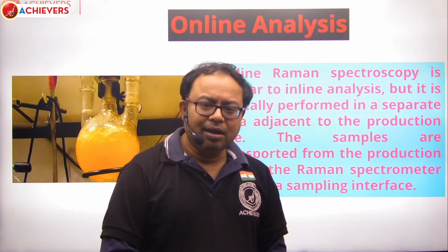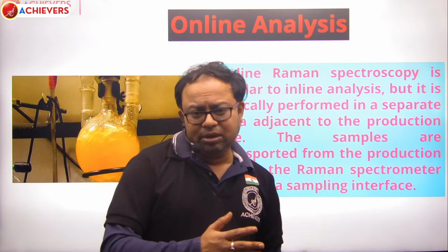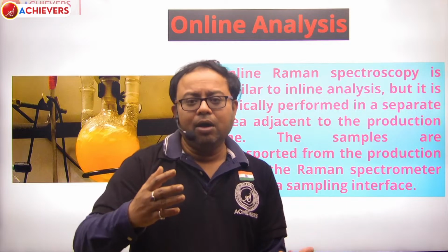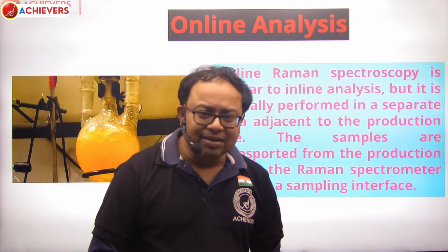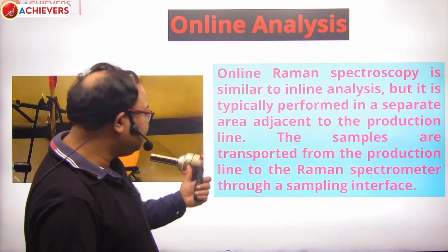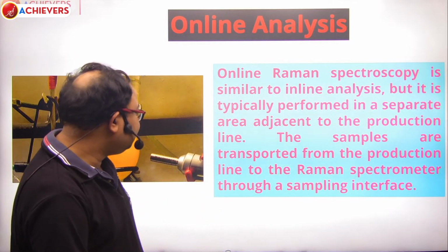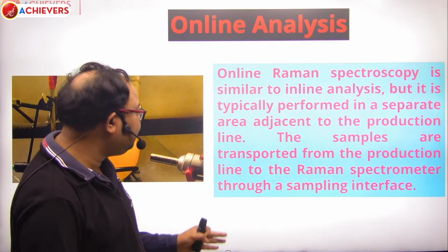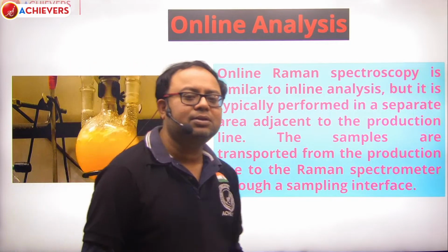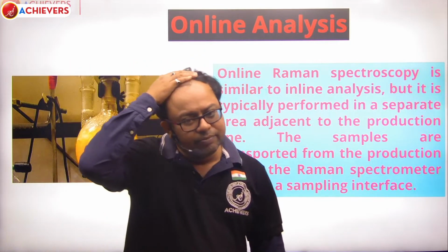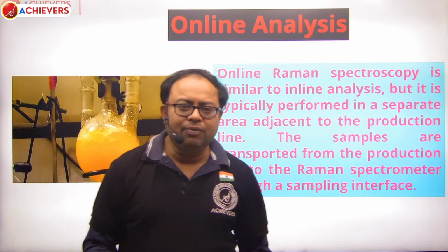And how is this orientation utilized? The samples are transported from the production line to the Raman spectrometer through a sampling interface. That's what is done over here. I think you all have understood.